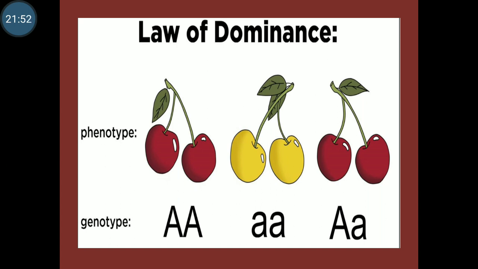In phenotype, you can see both red, then in the middle there is yellow, and the third picture is red, but that is heterozygous red. In the genotypic representation, for the first picture both capital A, for the second picture homozygous yellow, and in the third picture heterozygous red.